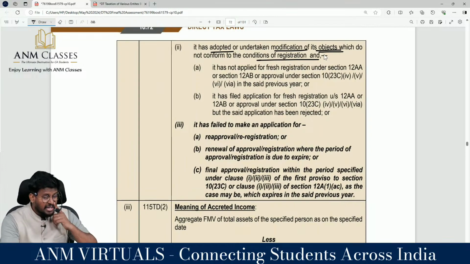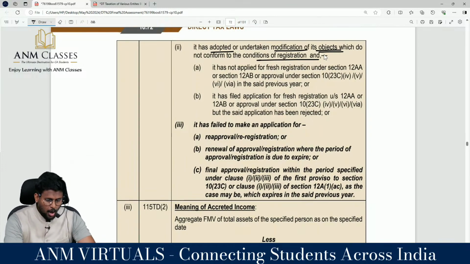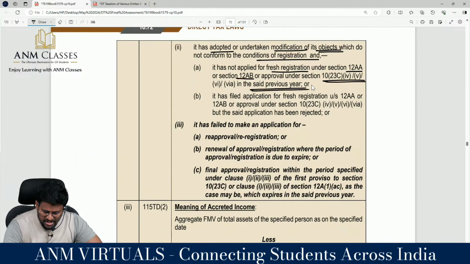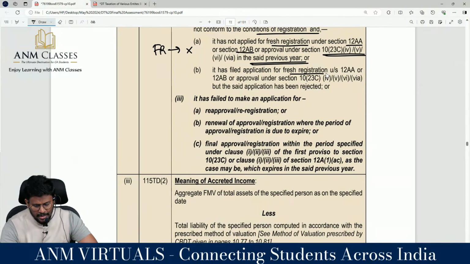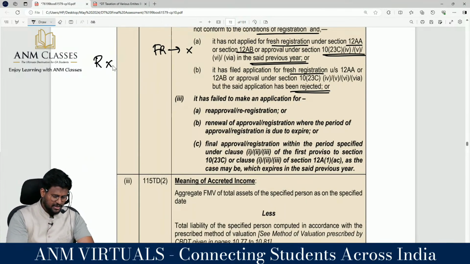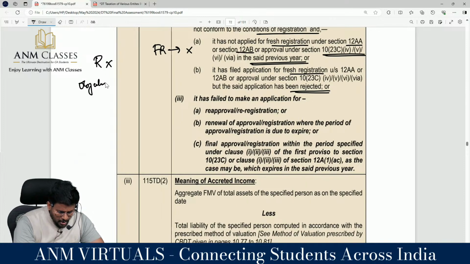When taking registration you spoke one way, but after taking registration you changed the objects, and it has not applied for any registration under section 12AA or 12AB or approval under 10(23C) series organization in the said previous year. After changing the objects, you have not applied for fresh registration, or you have filed an application but the said application has been rejected. That means the new objects are not acceptable. So your registration either gets cancelled, or you changed the object and did not apply for registration, or you applied and the registration was rejected.